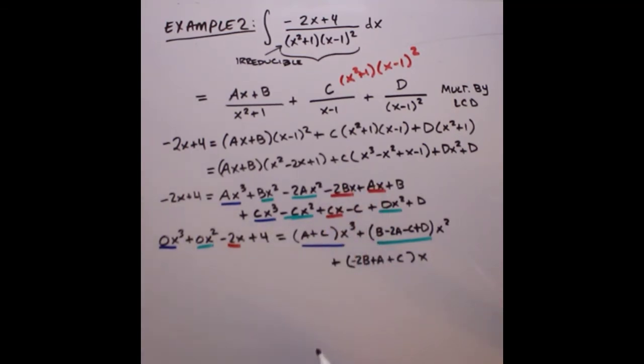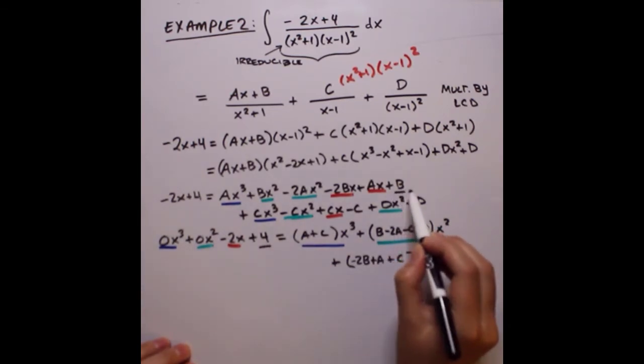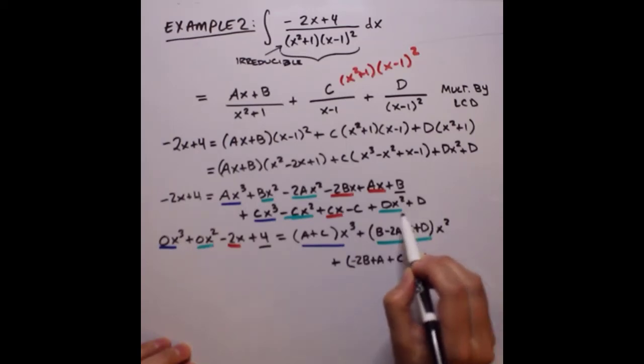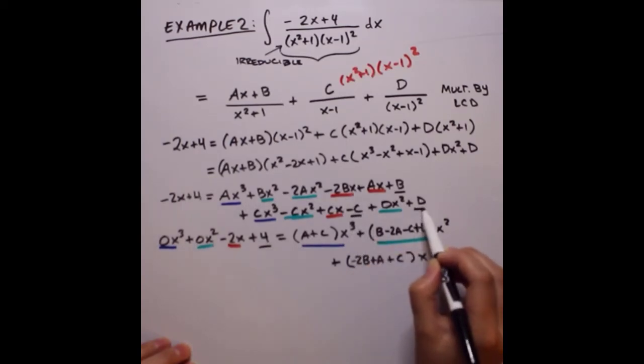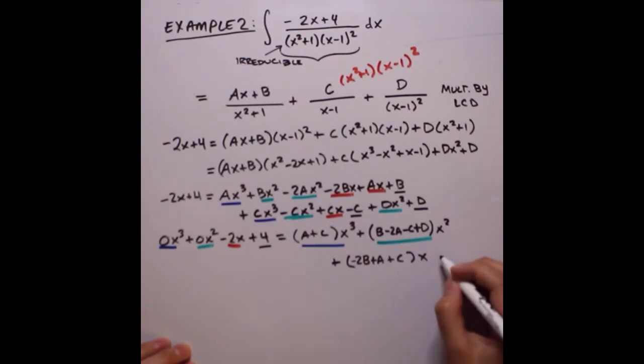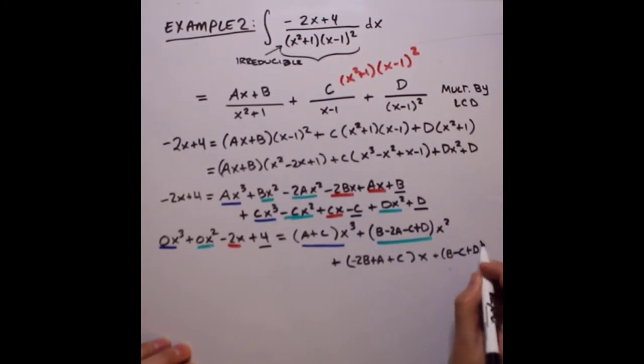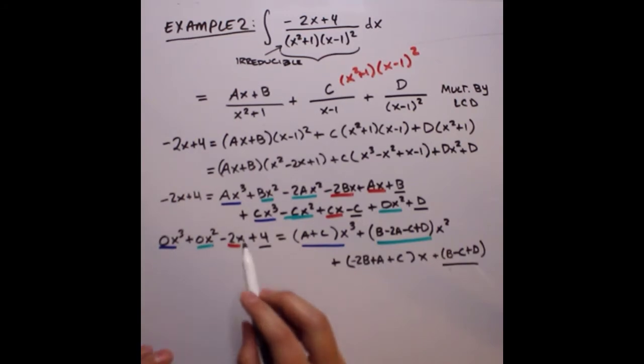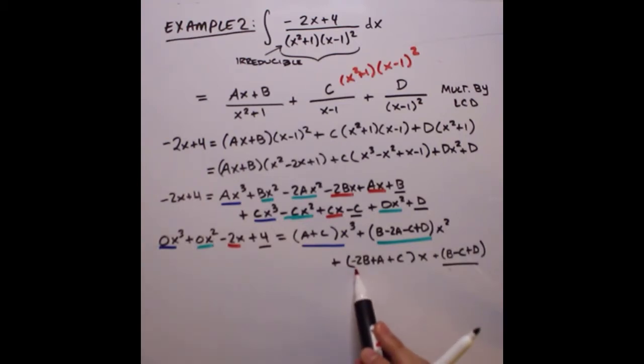And then the very last part, I ran out of color, so we'll stick to black here. The 4 is the constants. So we have b and negative c and d are all that's left. So those are the constants. So we have plus, and let's just group them, b minus c plus d. Okay, and those match with the constant over here. Let me underline what we had in red real quick for this term.